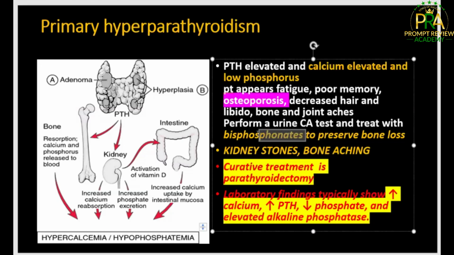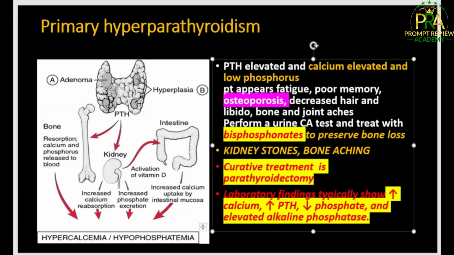If you remember where we saw this bisphosphonate before, it was under musculoskeletal, under the treatment of osteoporosis. So it's still the same thing that is happening here. Bisphosphonate is going to help to preserve bone loss.